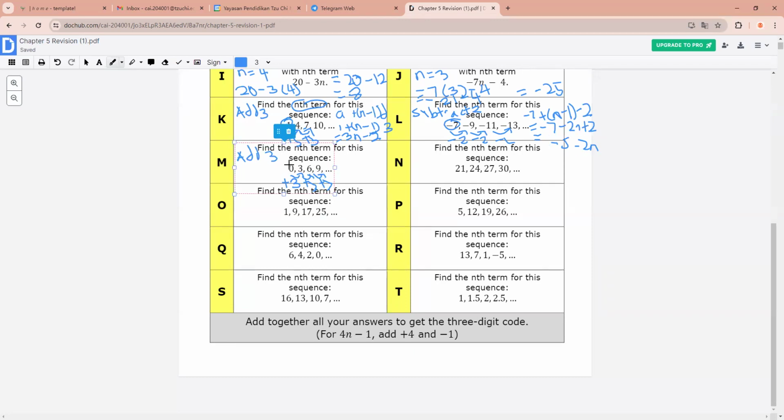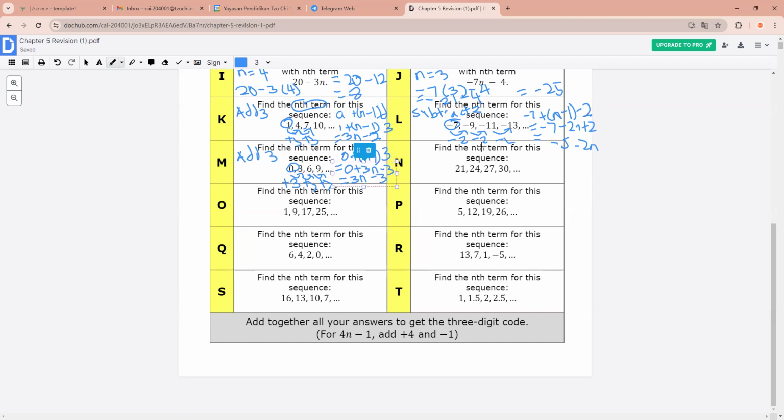So we take the first term, which is 0, and then we add n minus 1 multiplied by 3, which gives us 0 plus 3n minus 3, which is the same as 3n minus 3.